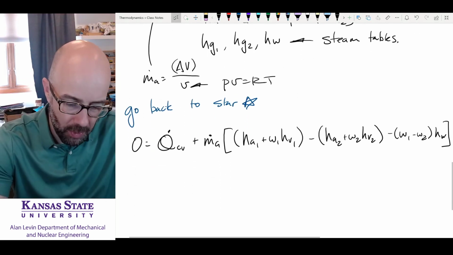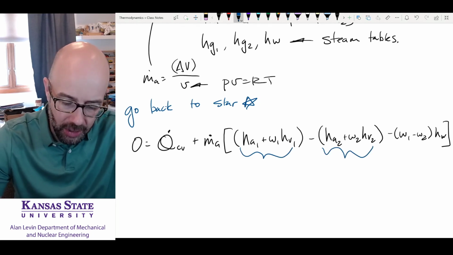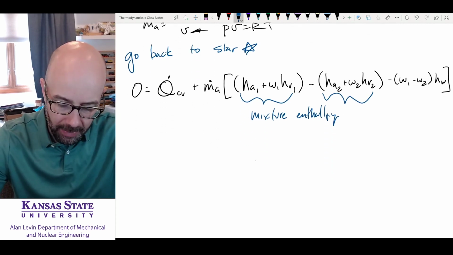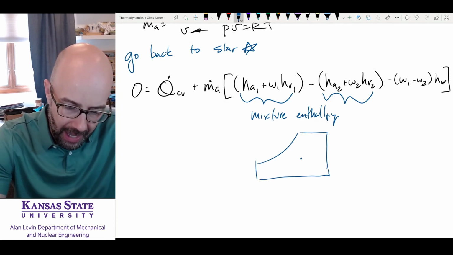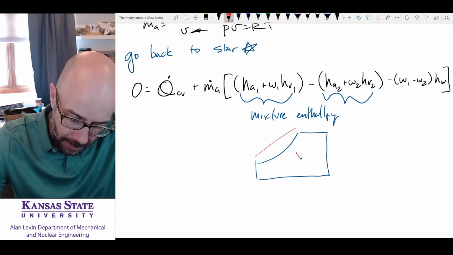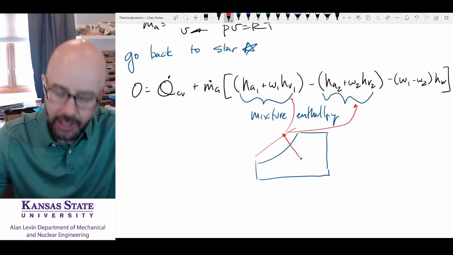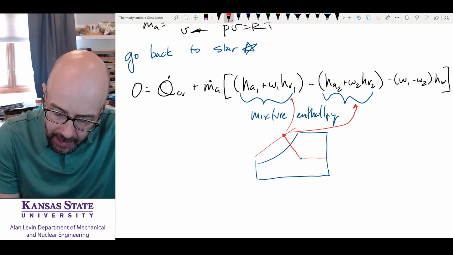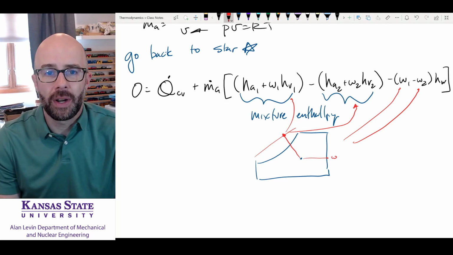And from this, what would we do? We would say this, HA plus omega HV, is the mixture enthalpy. We would find that by looking at our psychrometric chart, finding wherever our value is, going straight up and reading off the value, and that's going to be equal to our mixture enthalpies. For our omega 1 and omega 2, we're going to go over here and read what our omega is, and put those in as omega 1 and omega 2.